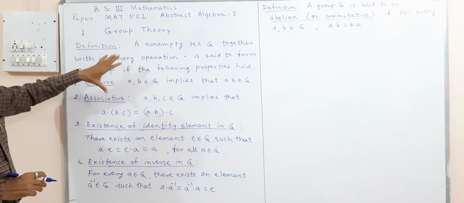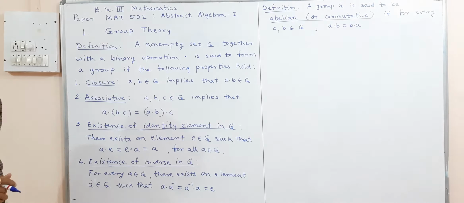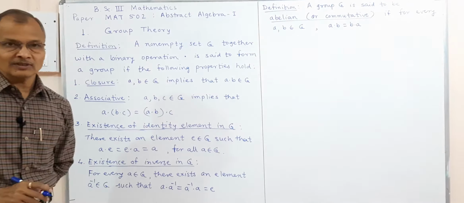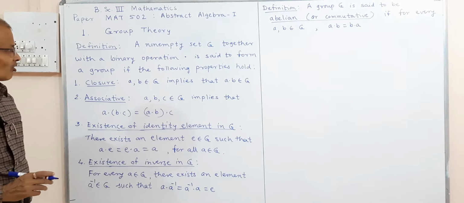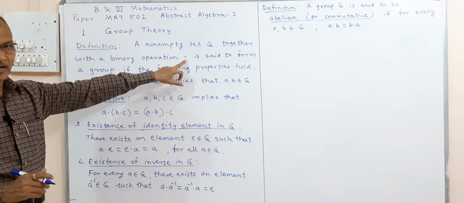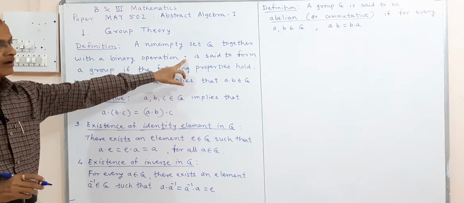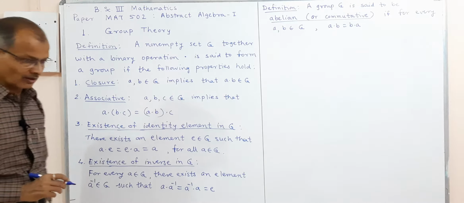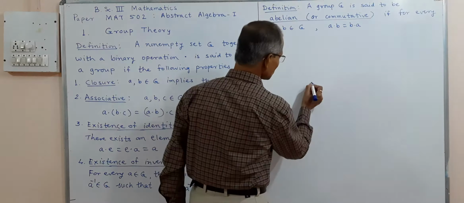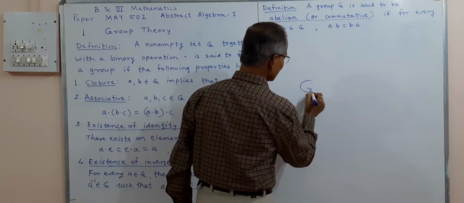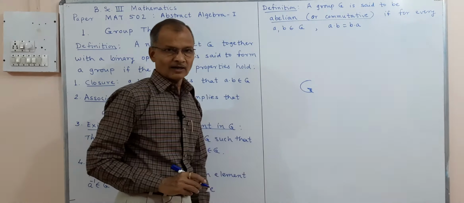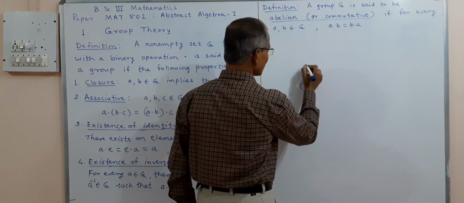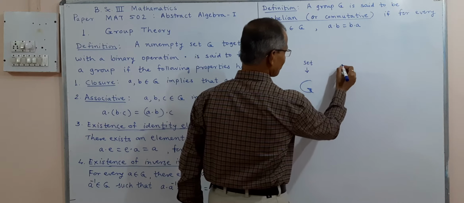A group is defined for a non-empty set G together with a binary operation. The binary operation here is denoted by this dot, which is also called a product. So there are two things to define a group: one is a non-empty set G and another is a binary operation.